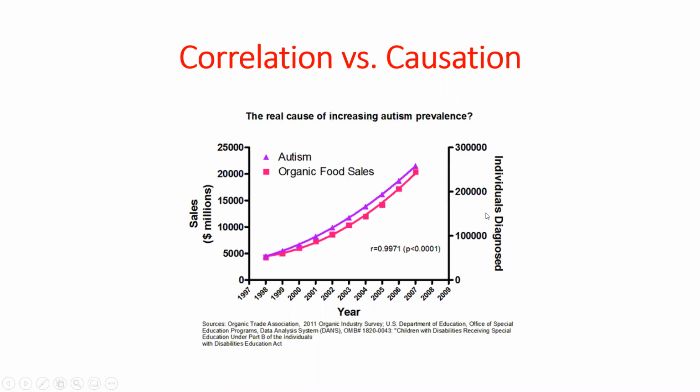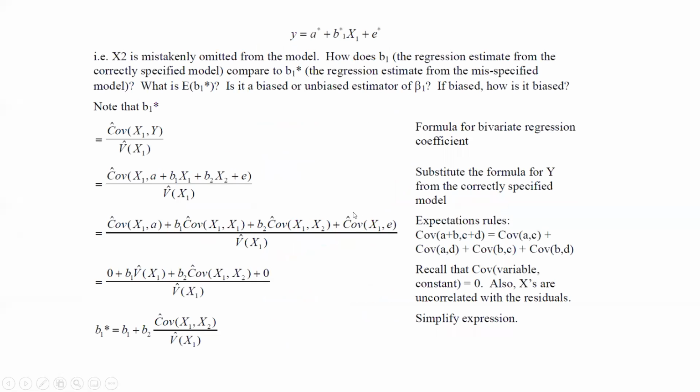It's likely that there's an outside factor, another variable we're not accounting for, like an increased interest in health, or higher income levels, so we have more money to make sure we're eating higher quality foods, but are also more concerned about our health, and with more money in the healthcare system, we're better able to identify autism. So it's not that these two things are causal; they just happen to be correlated with a variable that's outside, that's causing both of them, that we haven't included in this picture.